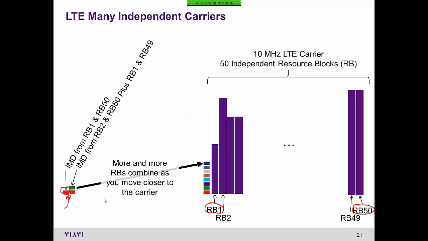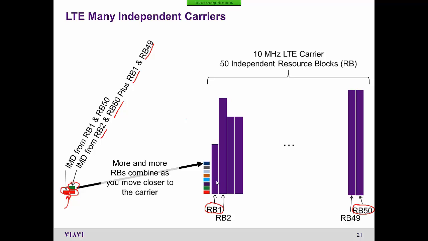Now, if you look at an LTE carrier, that spot, which is the distance away from resource block 1 and resource block 50, only those two resource blocks can hit that spot. But if you move in a little closer, for example, if resource block 2 turns on and resource block 50, you'll get an intermod that appears a little bit closer to the carrier. And likewise, if resource block 1 turns on and resource block 49 turns on at the same time, you'll get another one. That's the one indicated with the green here.